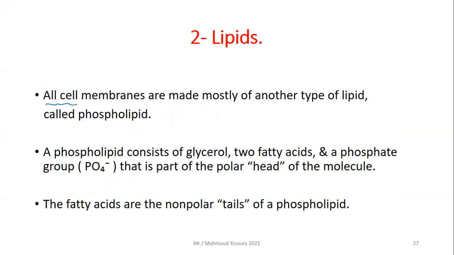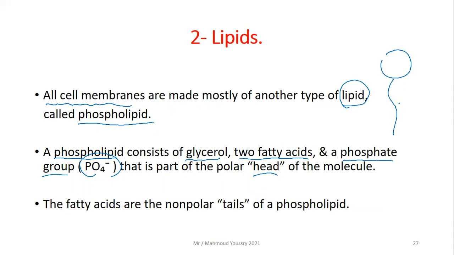Then all cell membranes are made mostly of another type of lipid, called a phospholipid. This is the cell structure where lipids are involved. What is a phospholipid? A phospholipid contains a glycerol, then two fatty acids, which are called the tail, and a phosphate group, PO4 minus 1, that is part of the polar head of the molecule.